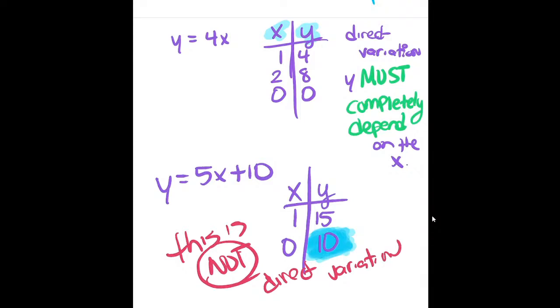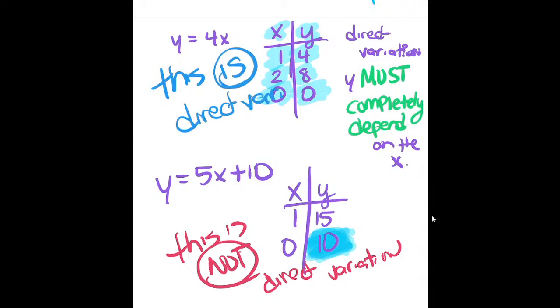And in this one, when x is 0, y is 0. And when x is 1, y is 4. When x is 2, y is 8. So it's still increasing by multiplying by 4. This is a direct variation.